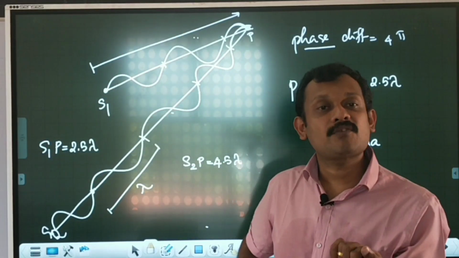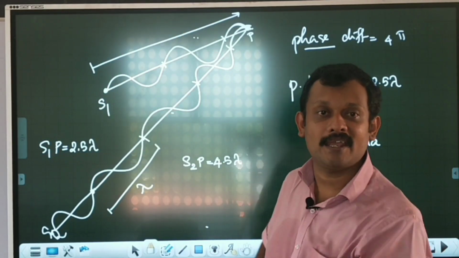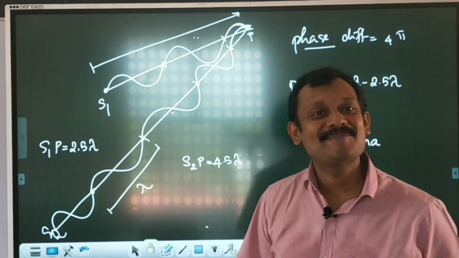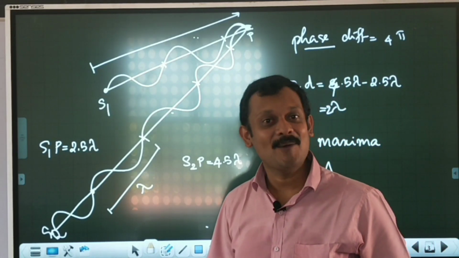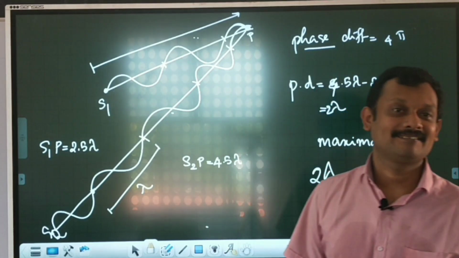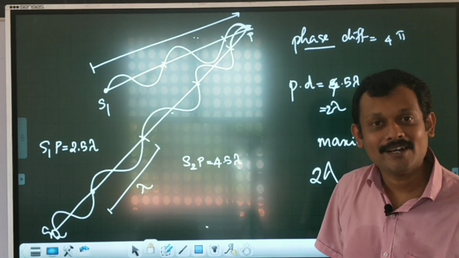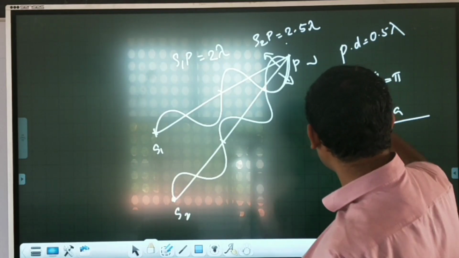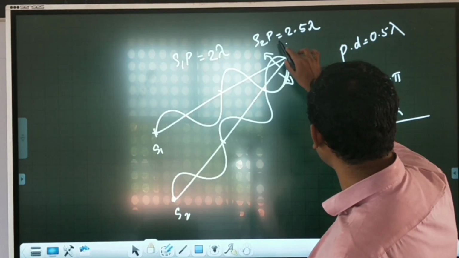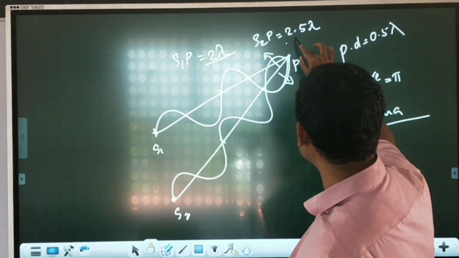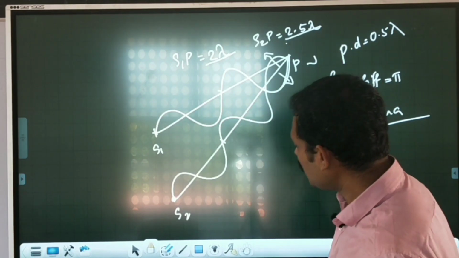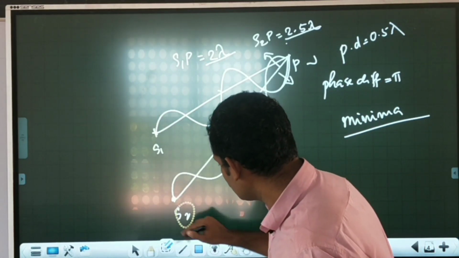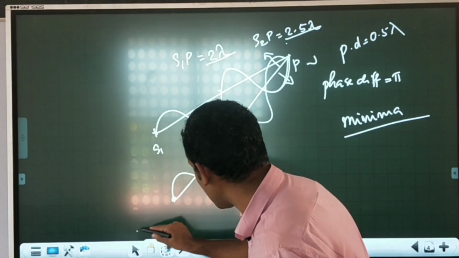A path difference of 3 lambda is equal to phase difference 6 pi. Right? I hope this is now clear. I hope you are getting all these ideas perfectly. So this is how we are getting into this situation. So now we are able to consider this. So here 2 cycles, 2.5 cycles. Now if I add one more wave here, I won't make a change in the answer, right?